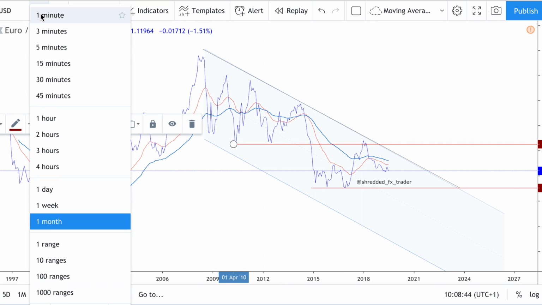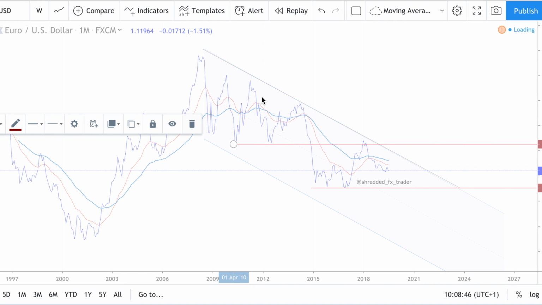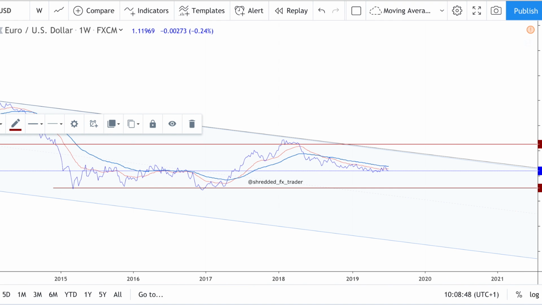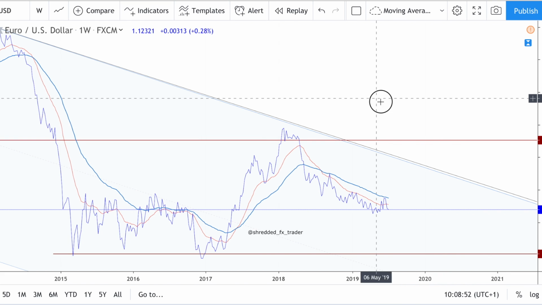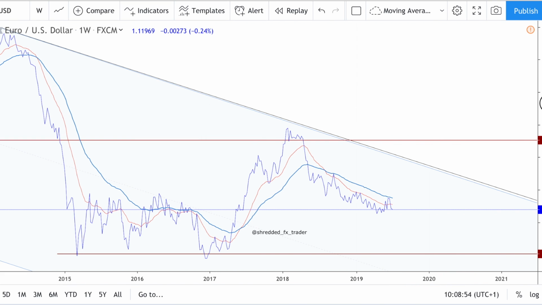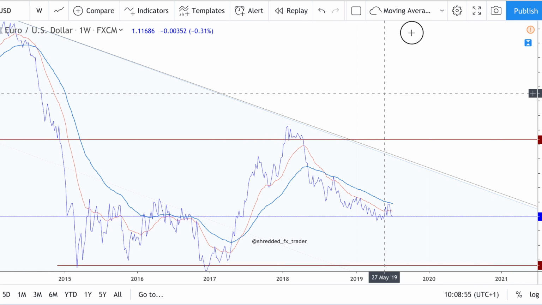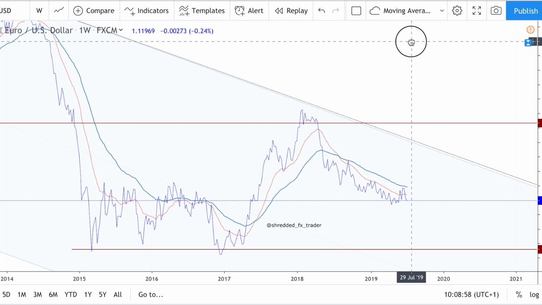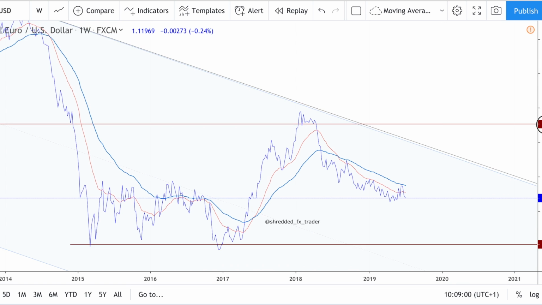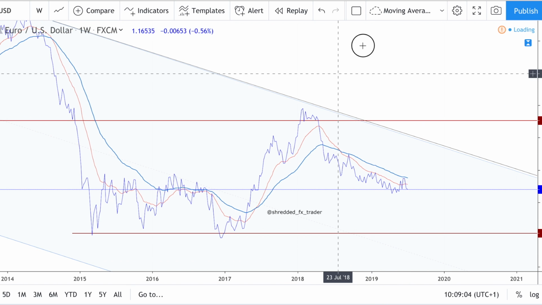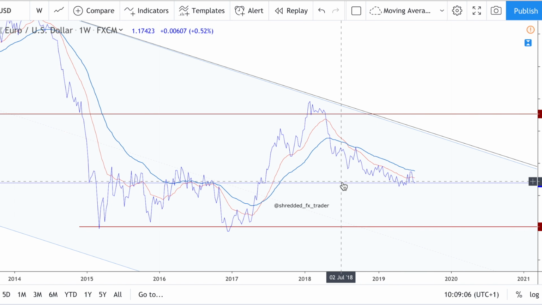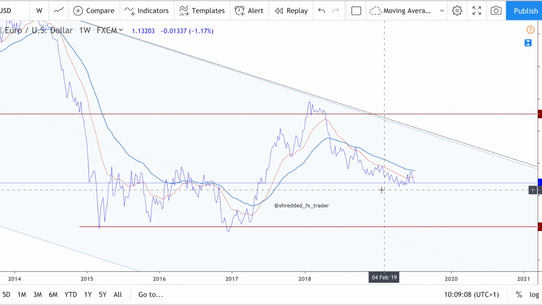Now we're going to move down to the weekly. Okay, so here, let's make this a bit bigger, let's move this up. Now we're going to look for the next immediate swing low, which you can see is round about there.